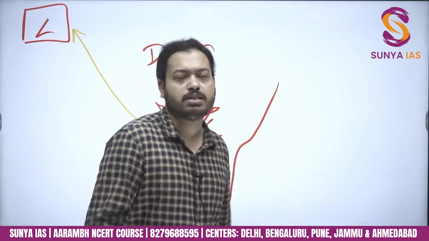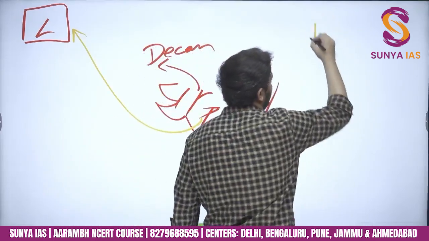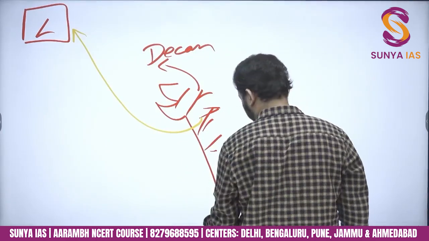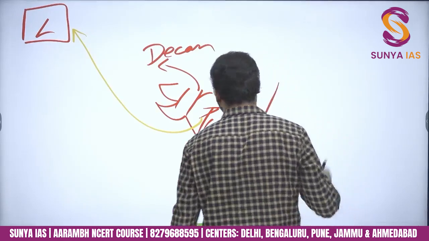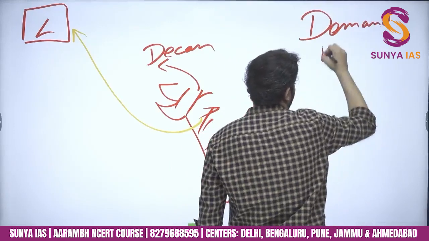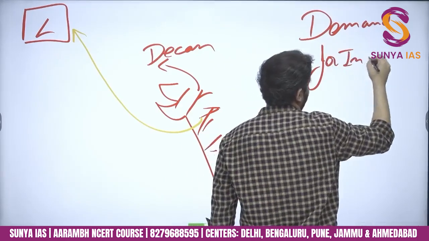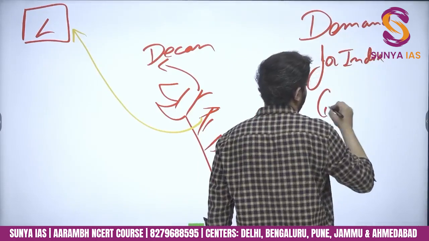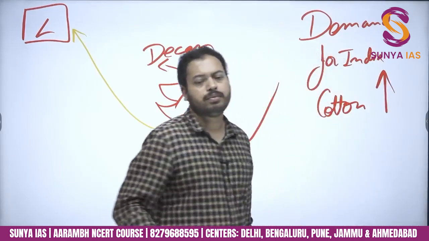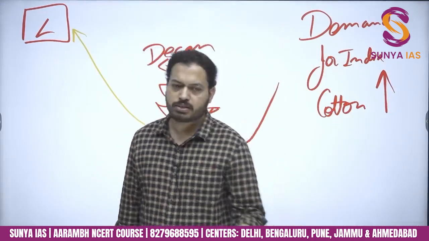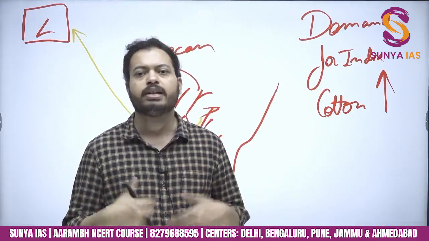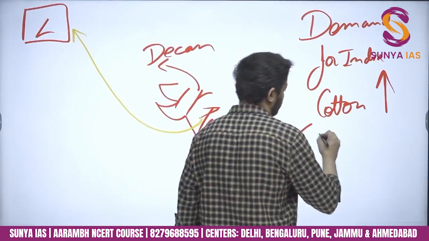Under these circumstances, the demand for Indian cotton boomed and increased. Around 1863-1864, Indian cotton prices started increasing, up to the extent of 4x.